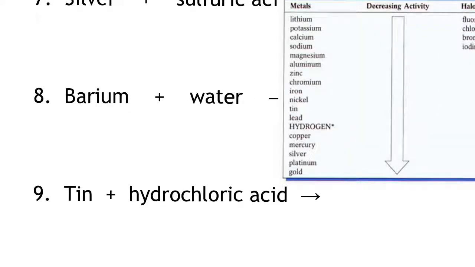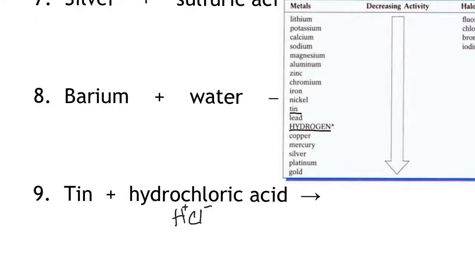Let's go ahead and try number 9, tin and hydrochloric acid. Again, the formula for hydrochloric acid is HCl. The hydrogen is going to be the positive part, and the chlorine will be the negative part. And then we have tin. Tin is located here on our activity series, and hydrogen is below it.